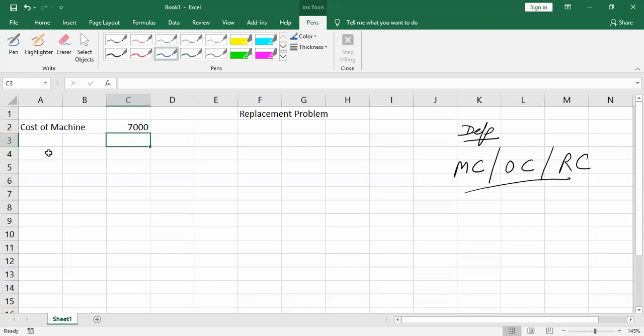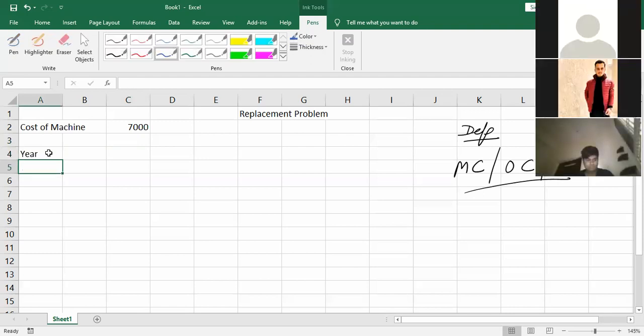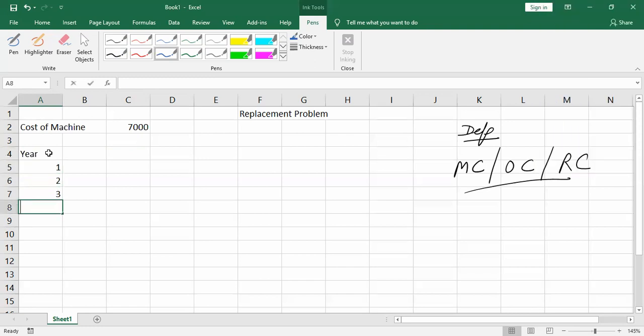Suppose I have some data: years 1, 2, 3, 4, 5 and 6. We have 6 years of data, and number one is maintenance cost, on the basis of past records.